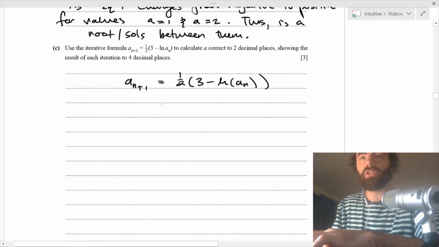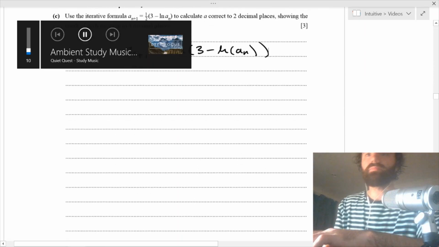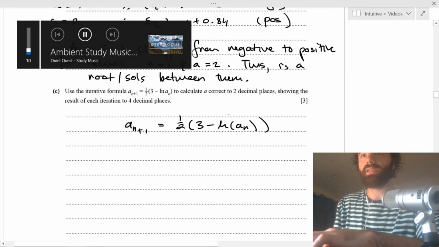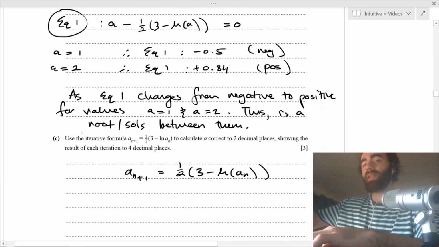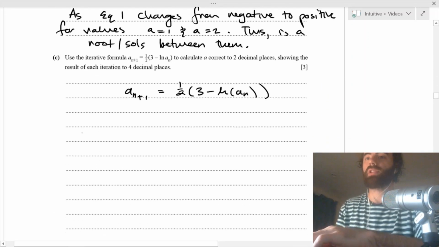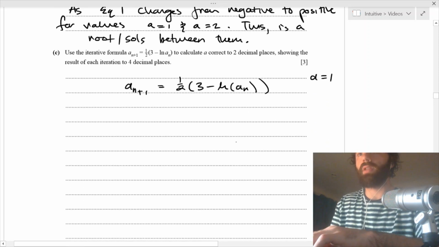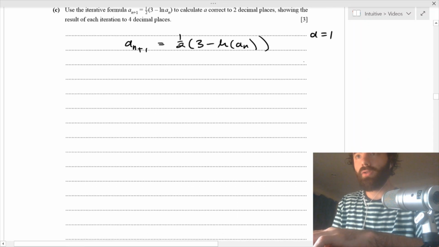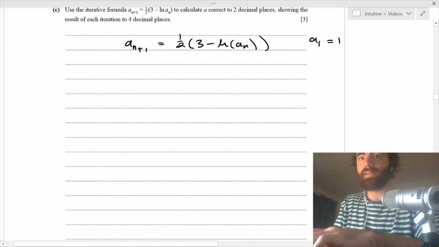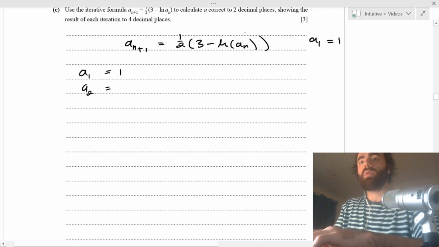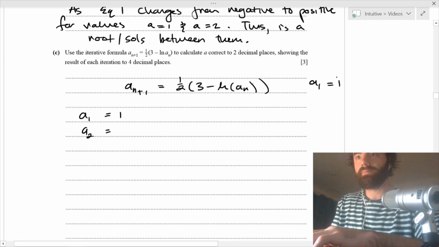What we do is use one of these starting values, because when we iterate through it, it gets closer and closer to the solution. So we start with the value a1 equals 1, for n is 0. And therefore, if a1 equals 1, what is a2 going to equal? We just plug this into here.